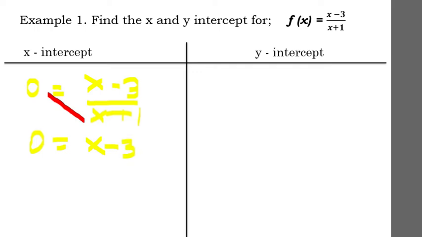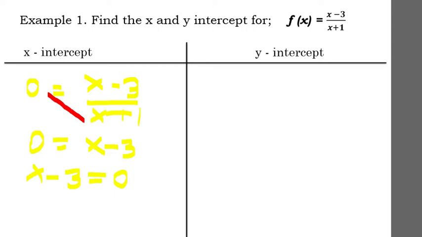For it to be easy to get the value of x, interchange 0 and x minus 3. So you have x minus 3 is equal to 0. Pwede natin i-interchange para mas madali ang pagkuha ng value ng x.